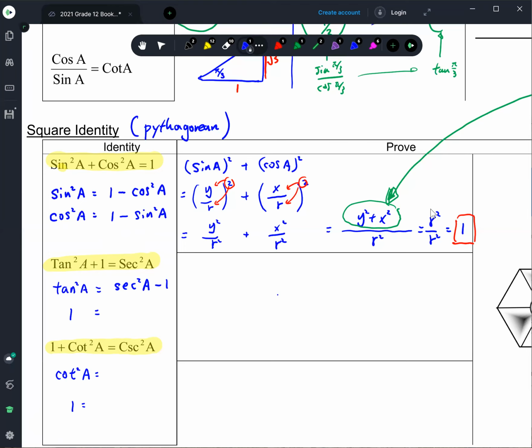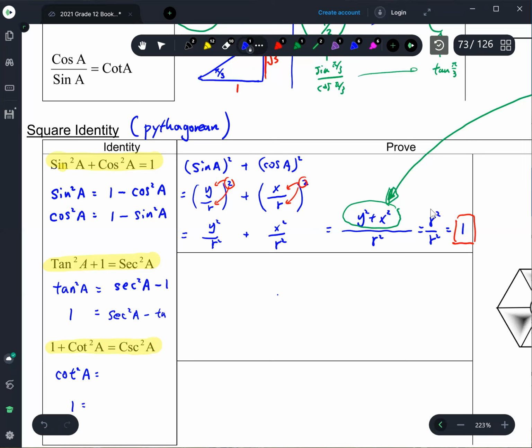And Philip, what about the second one? 1 equals secant squared minus tangent squared. Yep. So don't forget on the quiz, remember to write out the theta or A. Don't forget the angle.